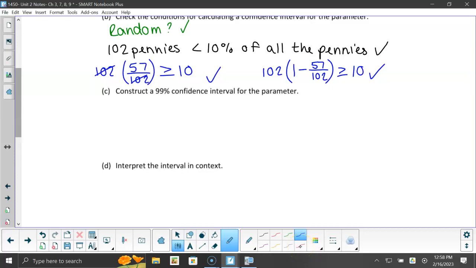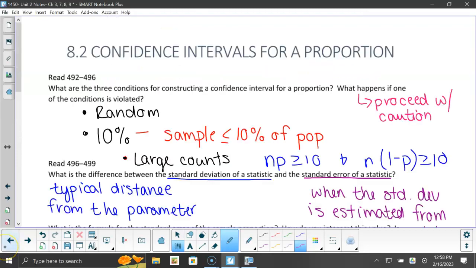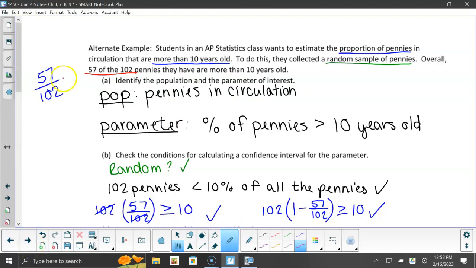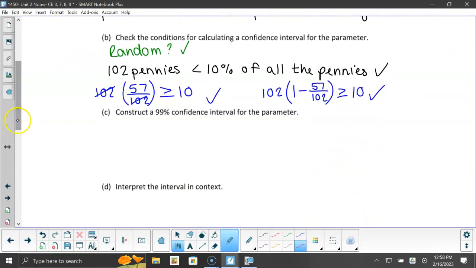So for this next part, we need to find a 99% confidence interval. Okay? So if we're doing this from the formula, remember our formula is over here at the bottom. It's p hat, all right, plus z star. So what was p hat again? Yeah. So 57 out of 102, plus and minus, all right.